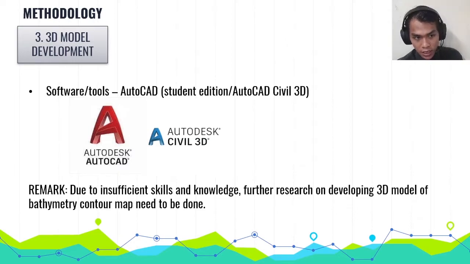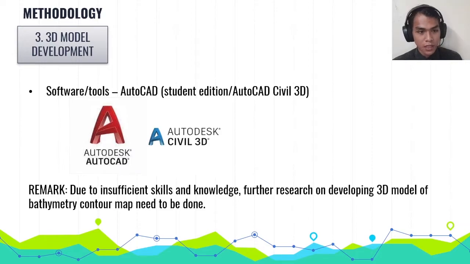But what version I will be using still needs to be considered, because at one point in my research there was content showing that we can just use the normal version of AutoCAD, which I already have, or I can also use AutoCAD Civil 3D, because from what I have seen, using AutoCAD Civil 3D gives a little bit more clarity to the model itself, and is also more precise.